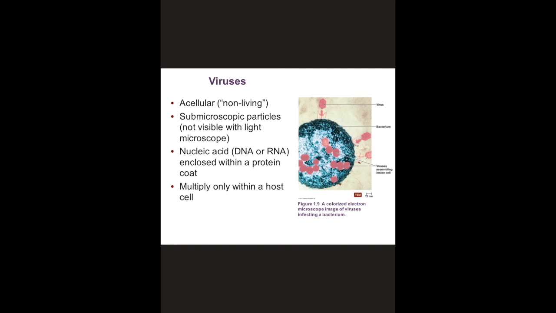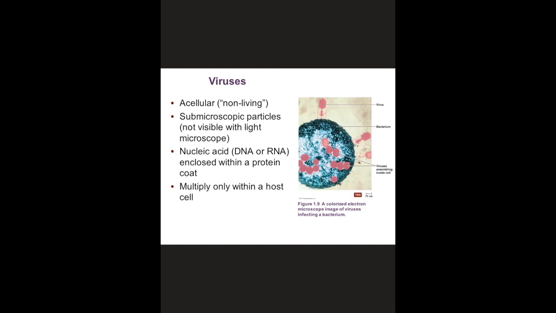And all they are is a little bit of nucleic acid, either DNA or RNA, depending on the virus, enclosed within a protein coat. And what they do is they enter into a host's cells. For example, an animal might be infected with a virus, and the virus hijacks the machinery of the cell and uses the cellular ribosomes and polymerases and other tools to make more viruses.